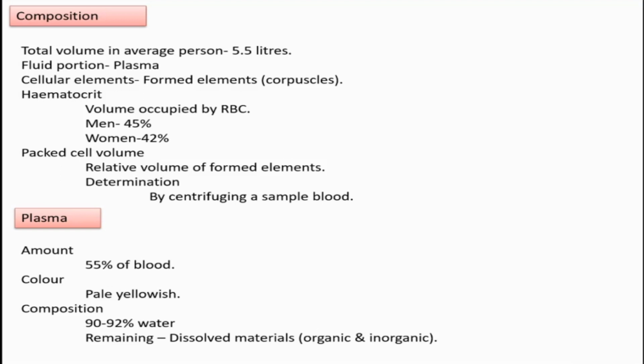Packed cell volume is determined by centrifugation, using a centrifuge instrument. After centrifuging, we can distinguish all the formed elements, all the constituents of the volume of blood taken. How are they distributed?